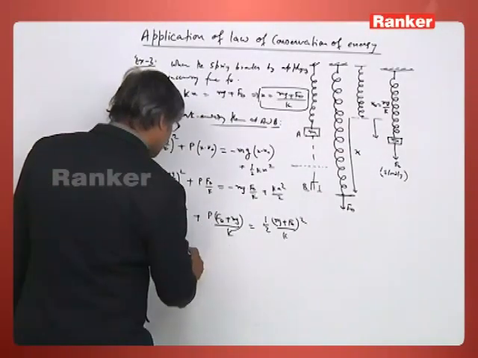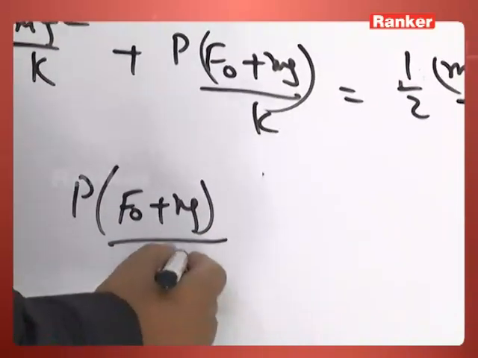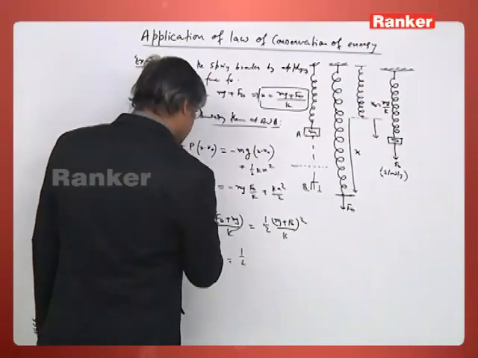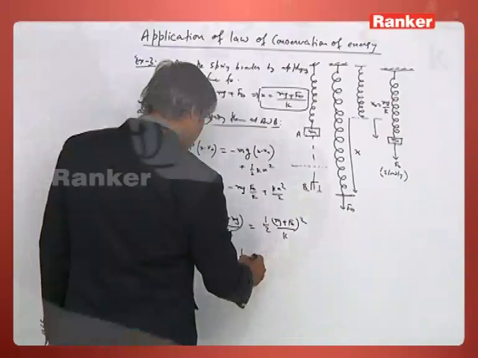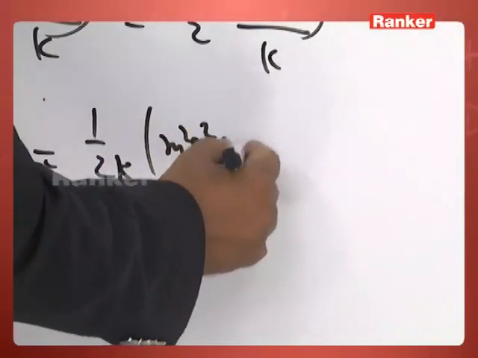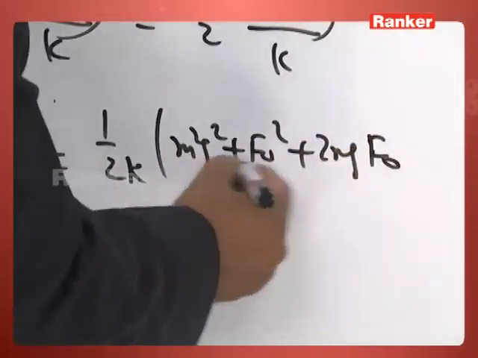So again you see P F naught plus mg by k is equal to half. We can subtract this here. So it will be 2 by k. Here we have m square g square plus F naught square plus 2 mg F naught.